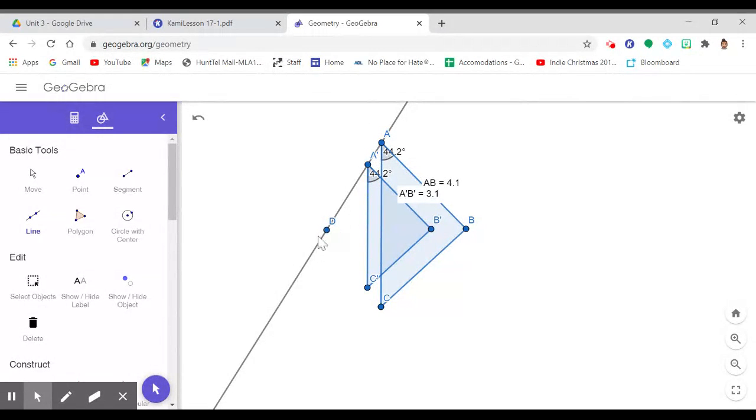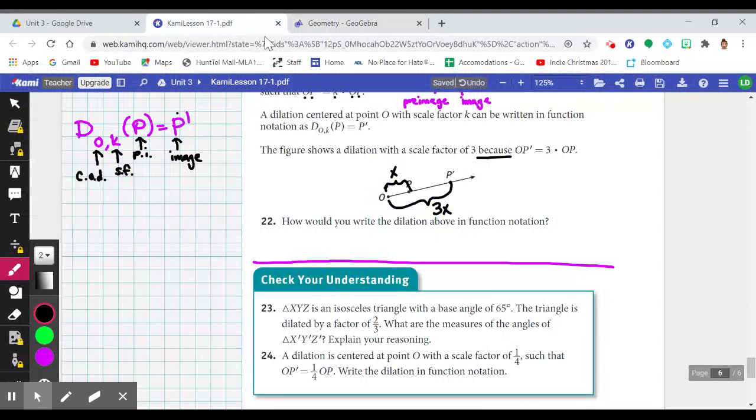So these points, the center, the pre-image, and the image are all on the same line. That's what it's referring to. That's why they use the ray. And in this case, A prime is getting closer to point D on that line because it was a reduction. Now look at this example. P prime is getting further away from point O because it's an enlargement, with scale factor of 3.